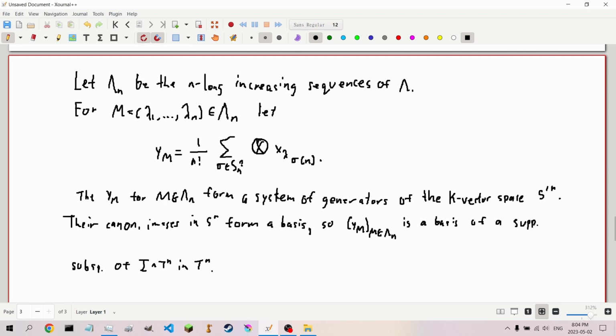So essentially this is collecting every way that a set of n vectors can be not symmetric, and that's a complement in some form.